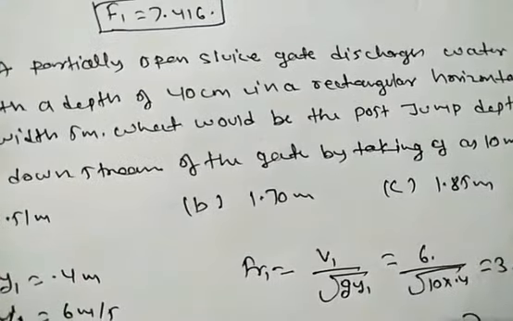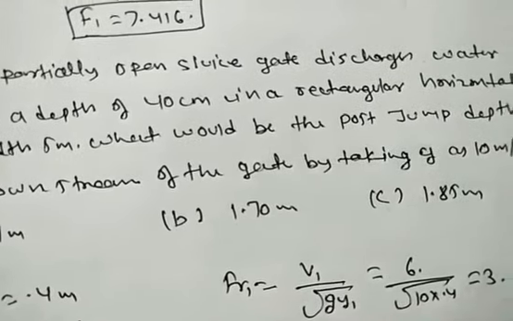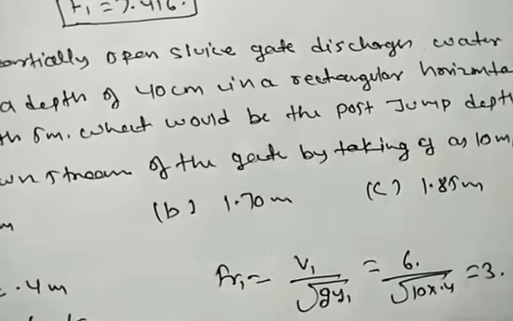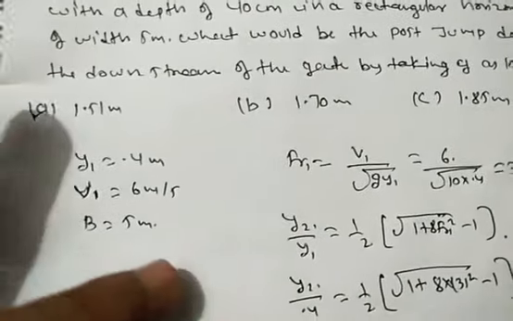Froude number F1 equal to V1 under root g y1 equal to 6 by 5 into 0.4, divided by under root 10 into 0.4, equal to 3.77.